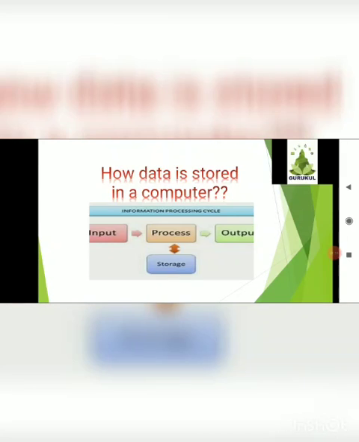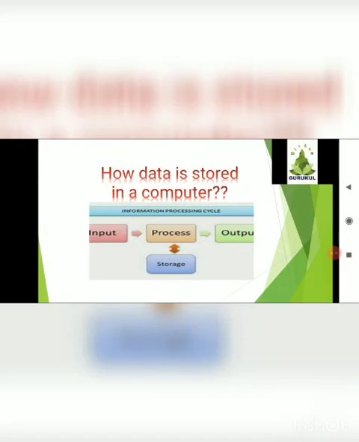So how is the data stored in a computer system? When a user gives the input data, it goes to the process, and after processing, the information or the result will be declared in the output unit. Simultaneously it has to be stored in the storage unit.